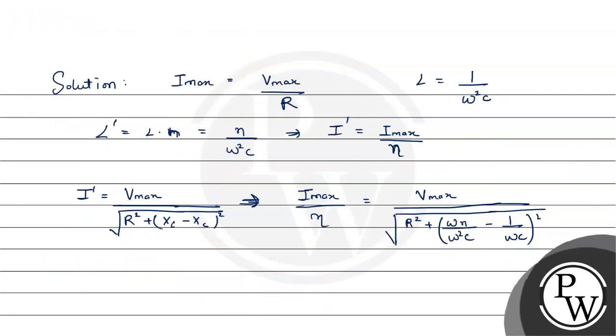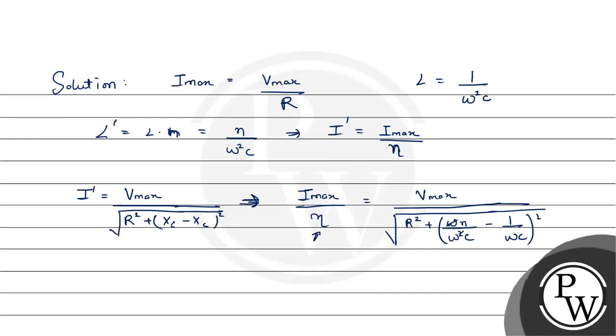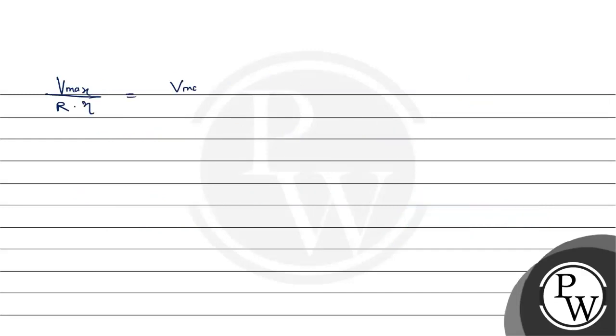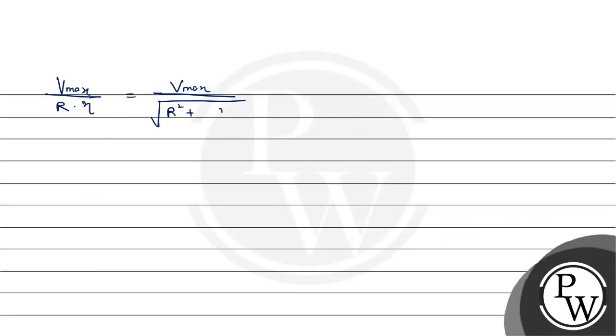So now let us write the further solution. From here omega cancels out and we get I max can be written as V max upon R into eta. From here, V max upon R eta will be equal to V max upon square root of R square plus (n minus 1 upon omega C) whole square.